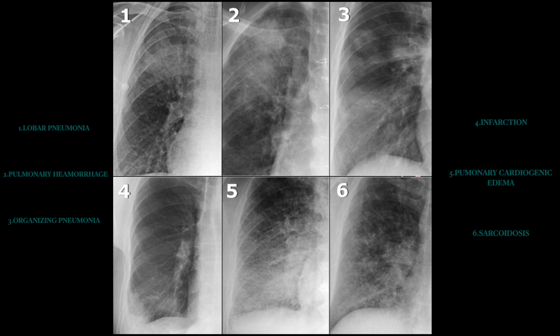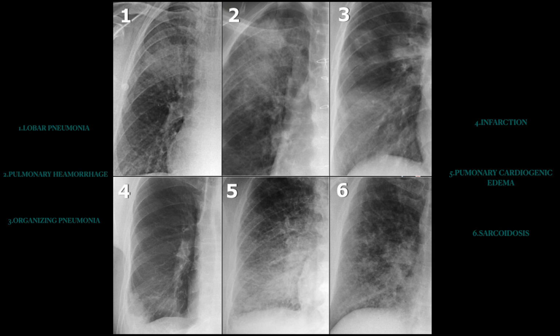And in the fifth image, we see that the alveoli are filled with some transudate, and this patient presented with congestive heart failure, which would be more obvious if you were shown the whole image, but it is not. So in this case we can say that it's a pulmonary cardiogenic edema.